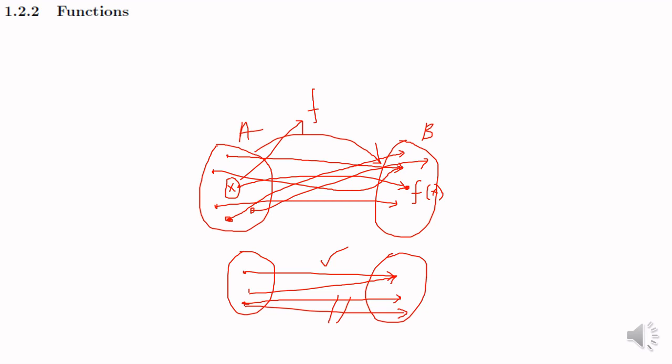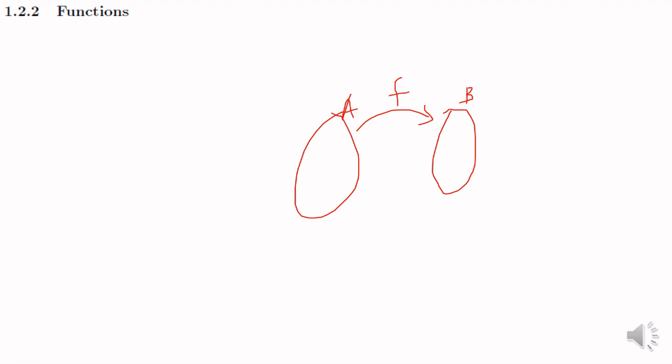element in B. Now, if f is a function from A to B, then the set A is called the domain of the function f. And the set B is called the codomain of f.